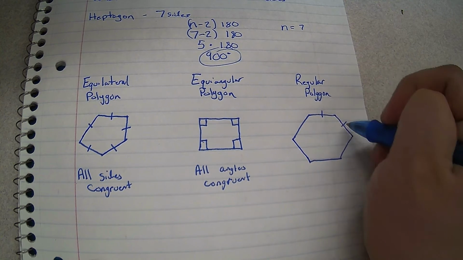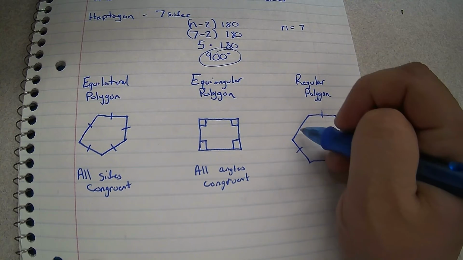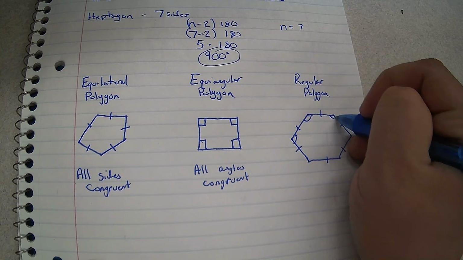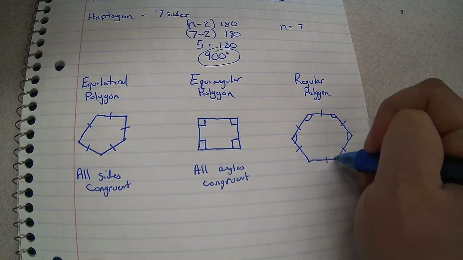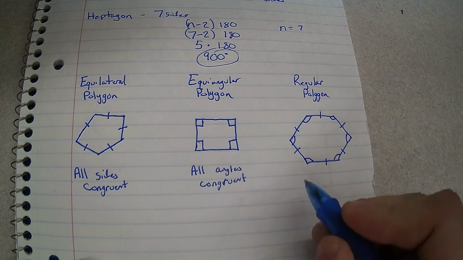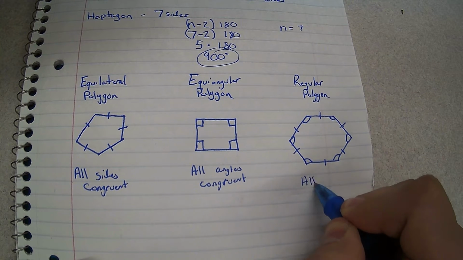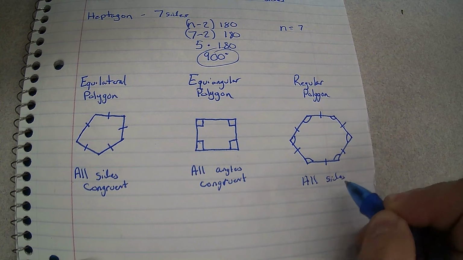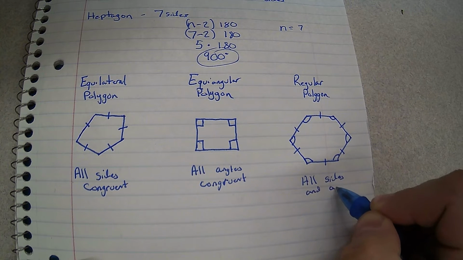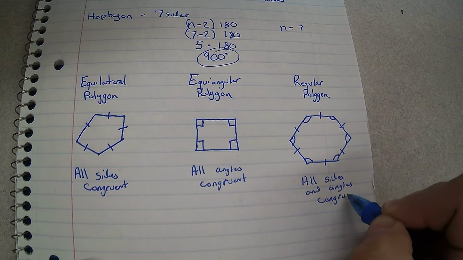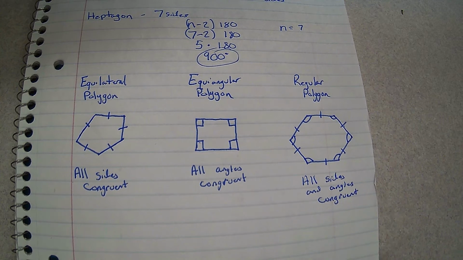So all sides are congruent and all interior angles are congruent. All sides and angles are congruent.